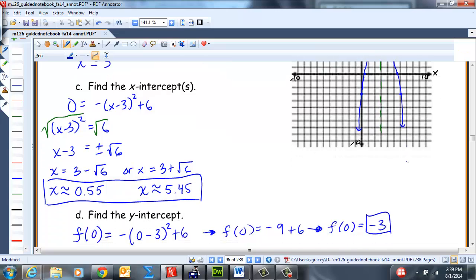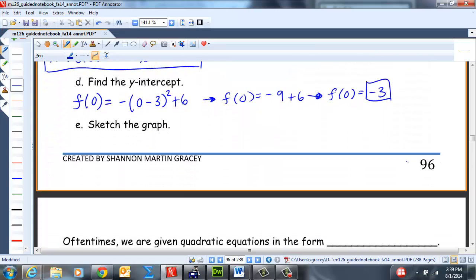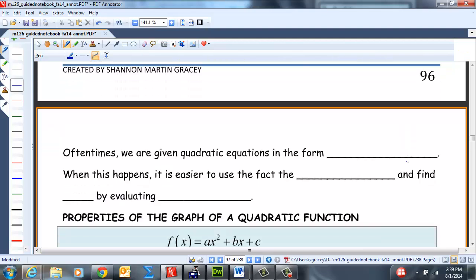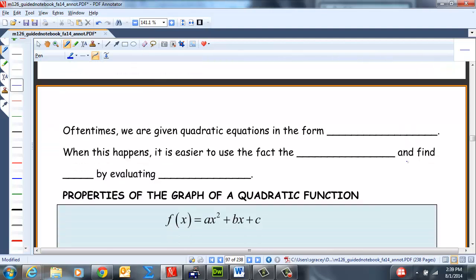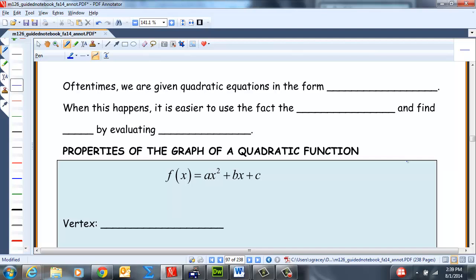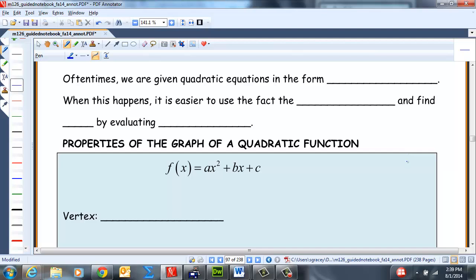Okay, so that's an example of completing the square, or when something's given to us in that format where the square's been completed already, that's a great way to graph those graphs. But often we're given these graphs in the form of f of x is equal to ax squared plus bx plus c.